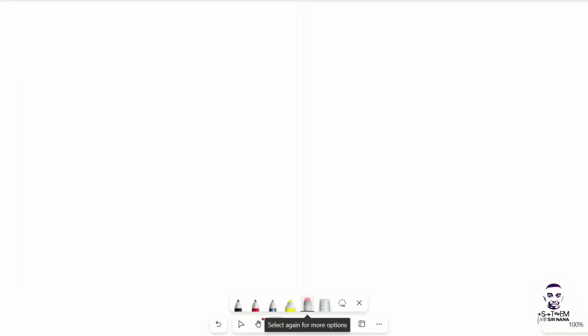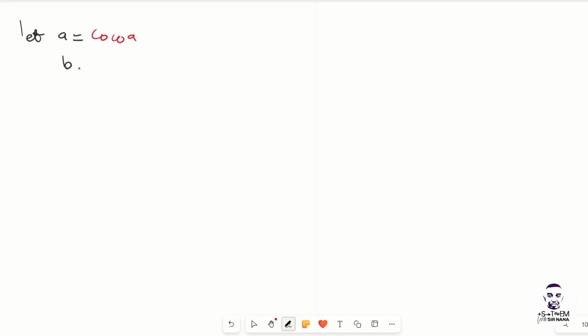So now let's look at how we can view this mathematically. So basically we can say let our A be equal to our cocoa, right? And then we can say that let our B be equal to our milk. And then we can say that A would consist of cocoa and sugar.